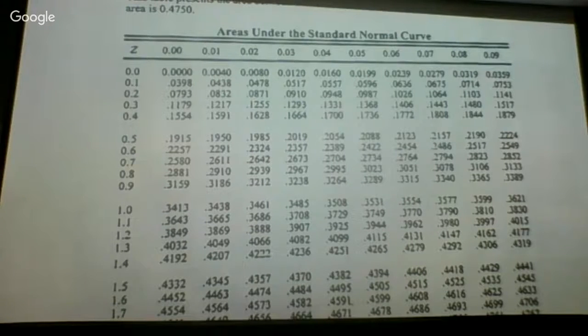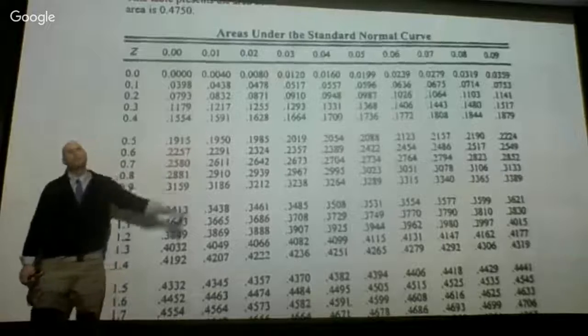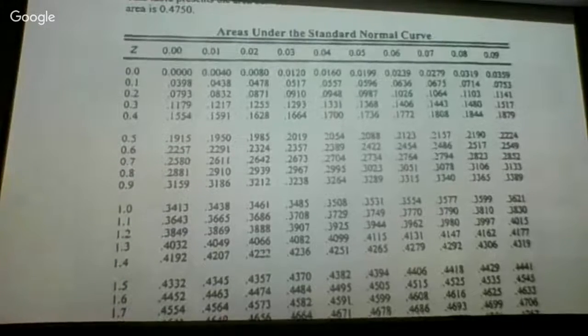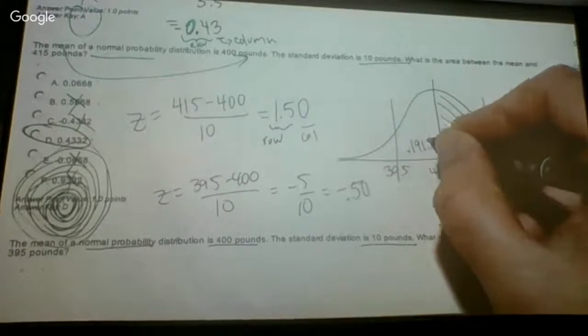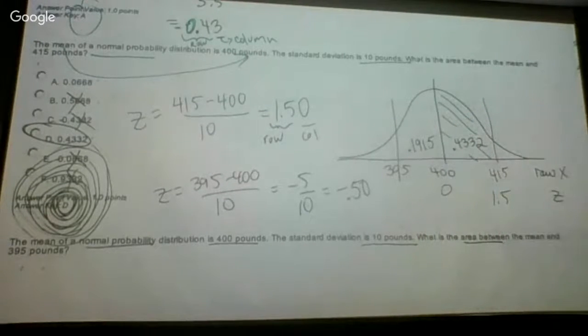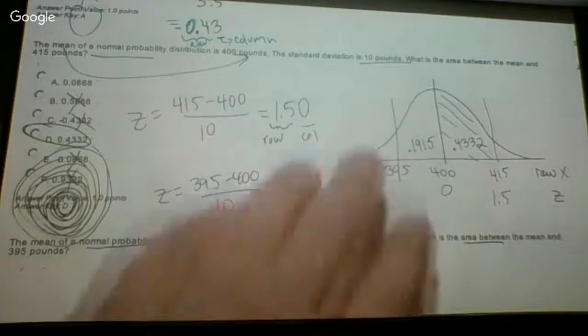It's symmetrical. I come to a z-score of 0.50. I get the area of 0.1915. All right, I believe that's the answer to 18.